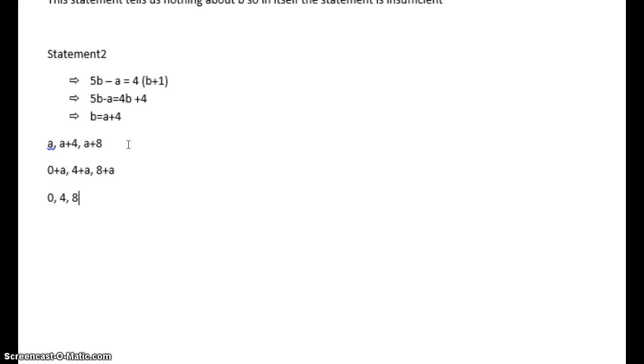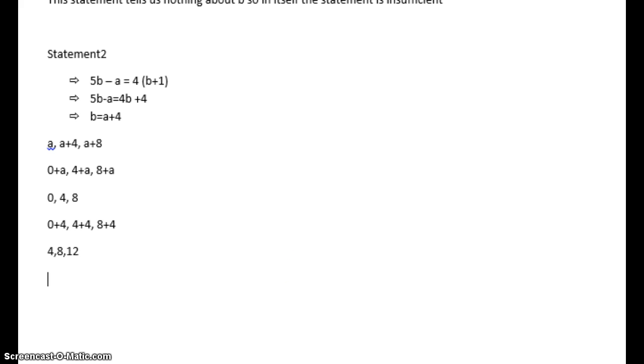Let us add the quantity 4 to each of these numbers, 0, 4 and 8. Okay, 0 plus 4 comma 4 plus 4 comma 8 plus 4. The standard deviation of 0, 4 and 8 would be same as the standard deviation for 0 plus 4 comma 4 plus 4 comma 8 plus 4, right? That means the standard deviation for 0 comma 4 comma 8, or a comma 4 plus a comma 8 plus a, which is a comma b comma c, is same as 4 comma 8 comma 12.